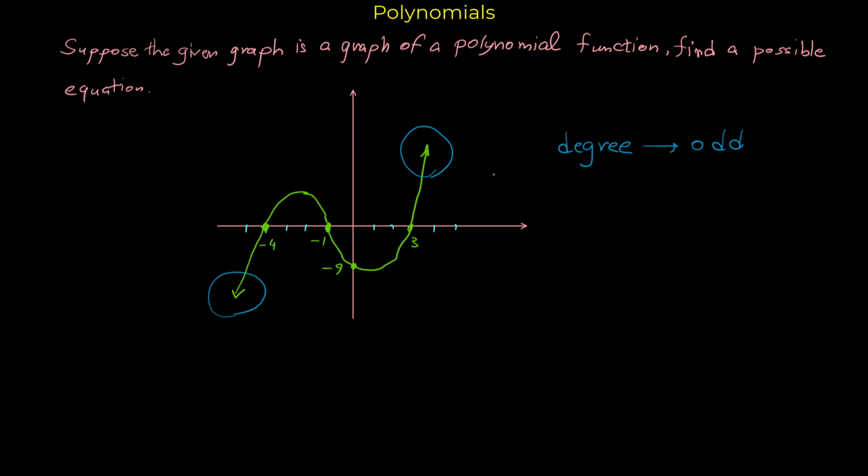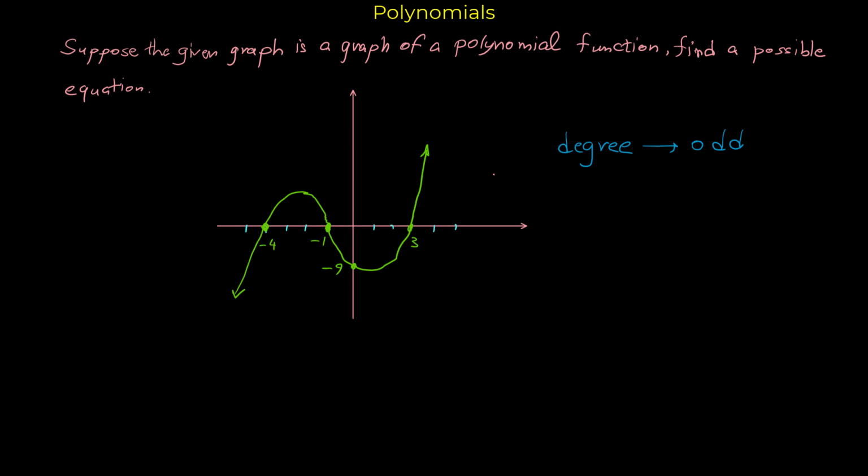How do we know it's odd degree? By looking at the end behavior of the graph, one end is going up, the other going down, opposite directions, odd degree. So we know that this polynomial is of odd degree.